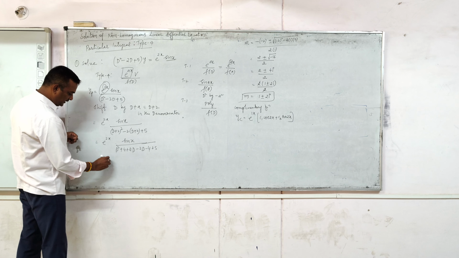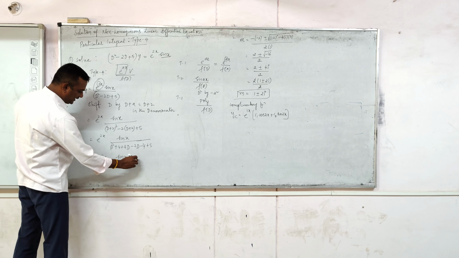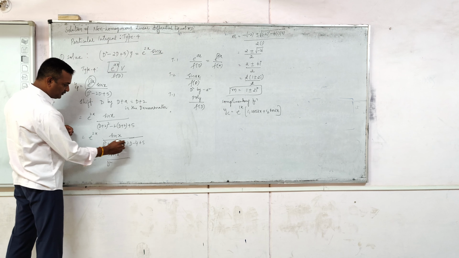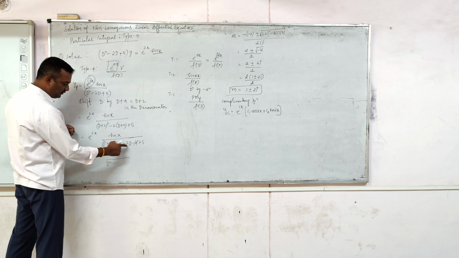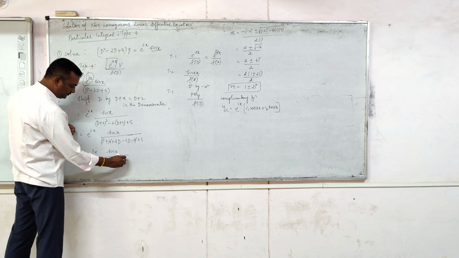So it is e raised to 2x into sin x divided by d square plus 4, minus 4 gets cancelled, 4d minus 2d is 2d, plus 5.